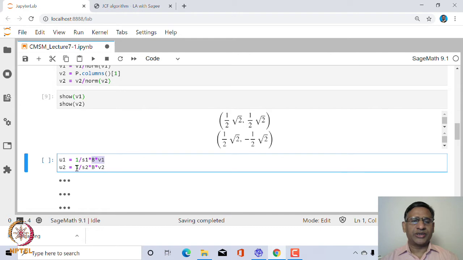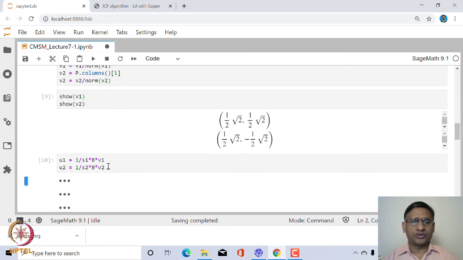Similarly U2 will be 1 upon S2 times B times V2. It is easy to check why we are defining U1 and U2 like this. It is not difficult. If you just look at the way A is decomposed, this is how you will get it. So let us define U1 and U2. We get U1 and U2 using V1 and V2.